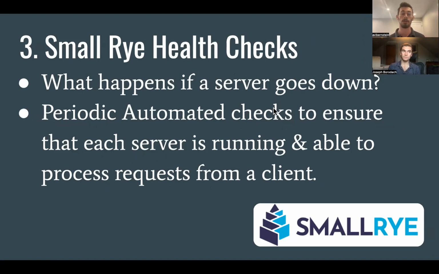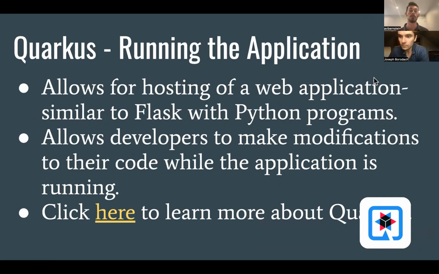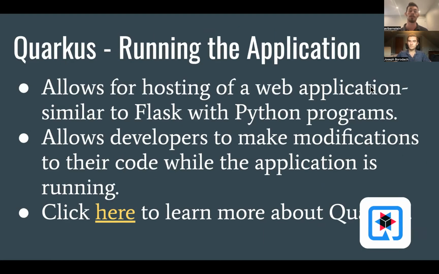Now, we ran our application through a software known as Quarkus. Quarkus allows you to run a web application through Java code, similar to how Flask operates with Python. One advantage of using Quarkus is developers are able to make changes while running Quarkus, and Quarkus will immediately process those changes.